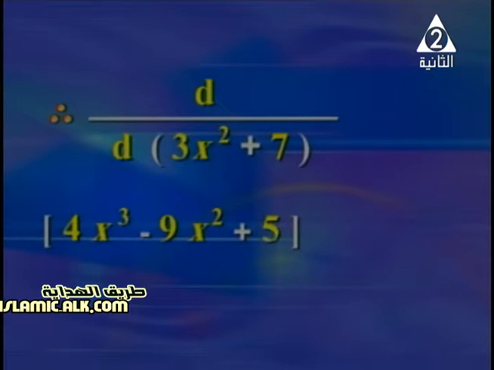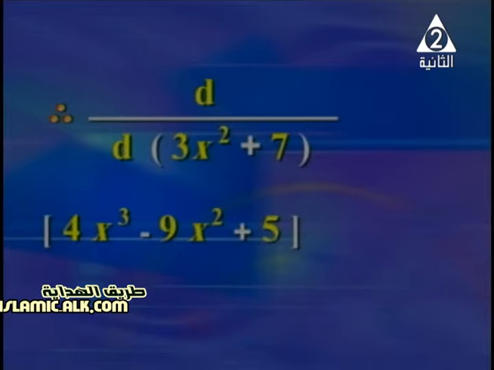The 5, its derivative is 0. Why? Because 5 is constant. After that, we put z equals 3x squared plus 7. After that, we find dz over dx. What do you mean by dz over dx? Look, when z equals 3x squared plus 7, then z is a function in x. We find dz over dx as 6x only. Why? Because the derivative of 7 is 0.